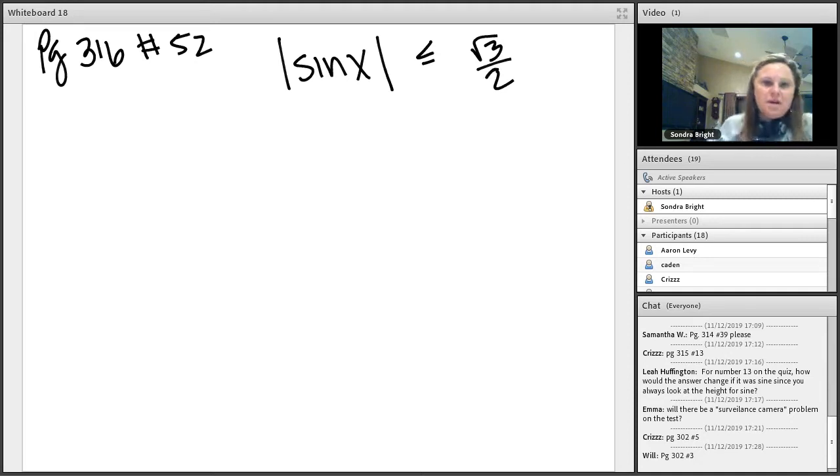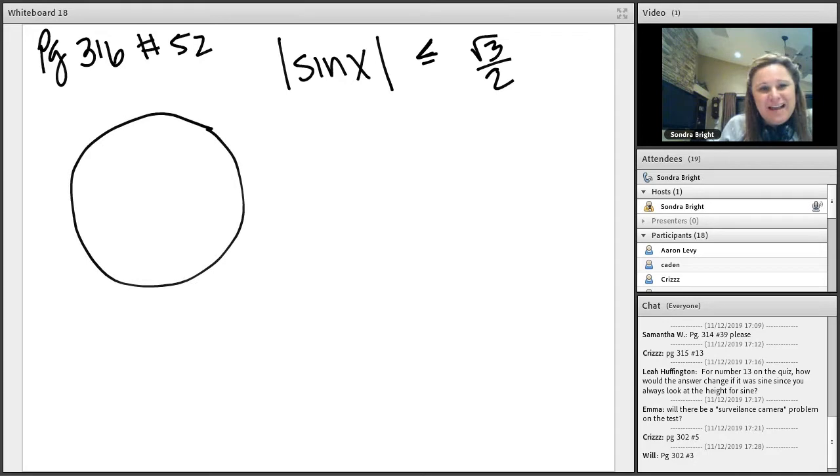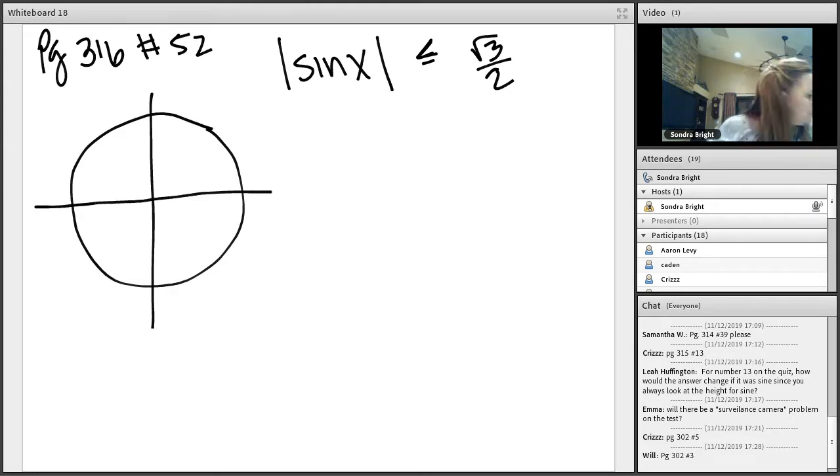Okay, so here, if you're doing the unit circle, it's absolute value this time. So we do care about positives and negatives. Sine is root 3 over 2 and it's the tall triangle. So pi over 3.